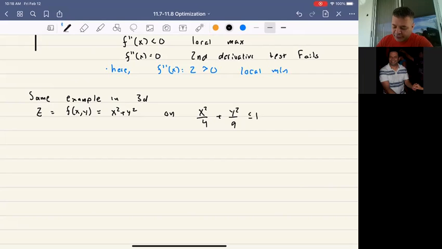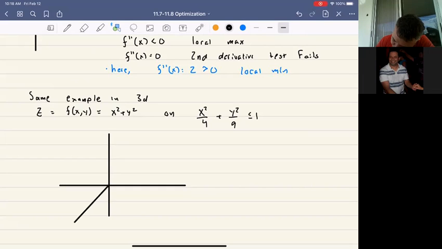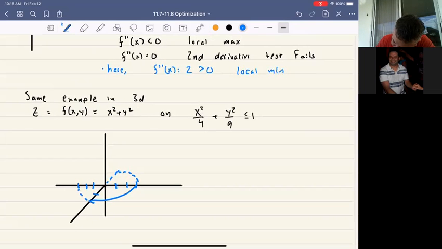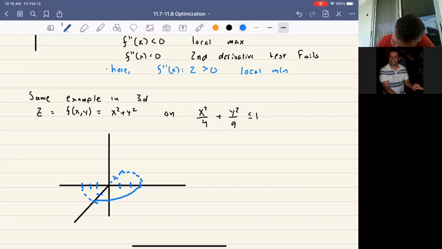Okay, so what's going on here? We have some ellipse. Okay, sort of go through in 3D. Terrible at drawing it, but something like that.